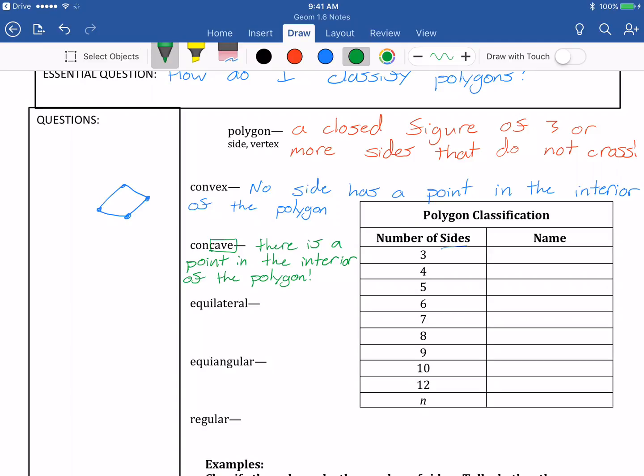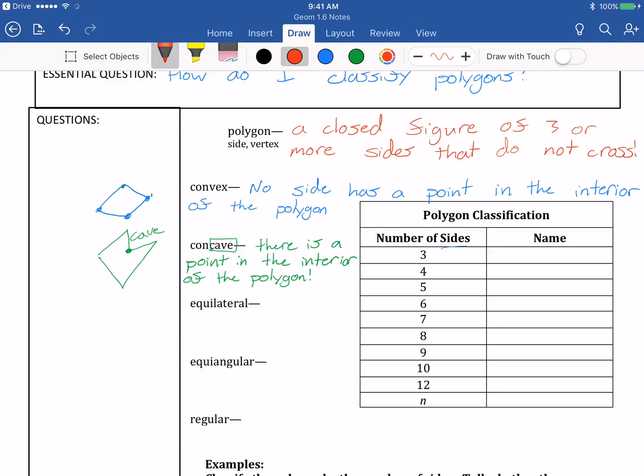Okay, so if I draw a polygon that is concave, it might look like so. It's got something like this. So this point right here is inside the interior of that polygon. So this is a cave. That's how I like to look at it. So it's a concave polygon. Alright, so 2 different types here. Either it has points that are inside it, like a concave, or it doesn't, like this one, and it has no points in the interior. Alright, let's keep moving on here.